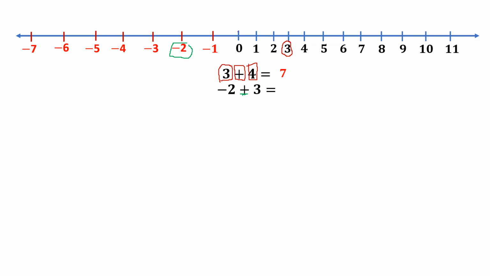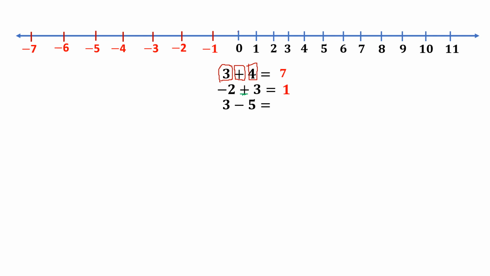So I am moving 1, 2, 3 steps, and this takes me to 1. So -2 plus 3 is equal to 1.